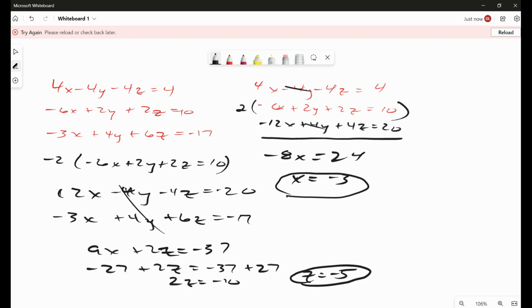I've got an x and a z, so therefore I can just plug it into any one of these. So I'm going to take this first equation right here, and I'm going to do 4 times negative 3 minus 4y minus 4 times negative 5 equals 4.